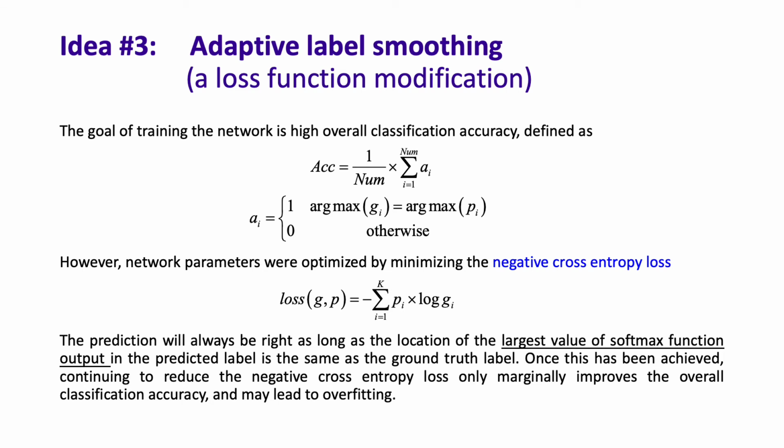The third idea is we applied adaptive label smoothing to modify the loss function. Here is the cross entropy loss in our study. According to this loss function, further reducing the loss value cannot further improve the detection accuracy.